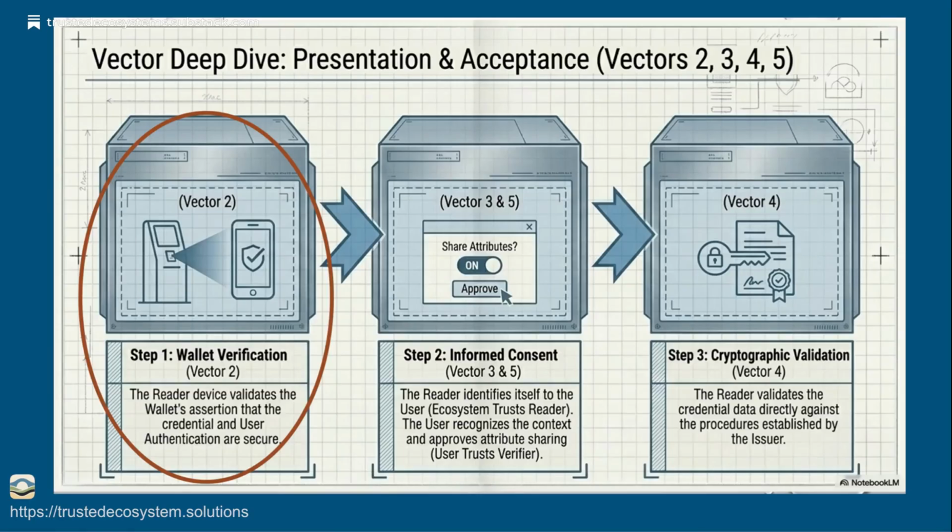And then looking at the presentation side of things, right? Like these presentation time vectors, I'll just point at one of these in particular because the reader needs to know that the wallet has done what it can to protect the credential, that its code is sufficient for user authentication.